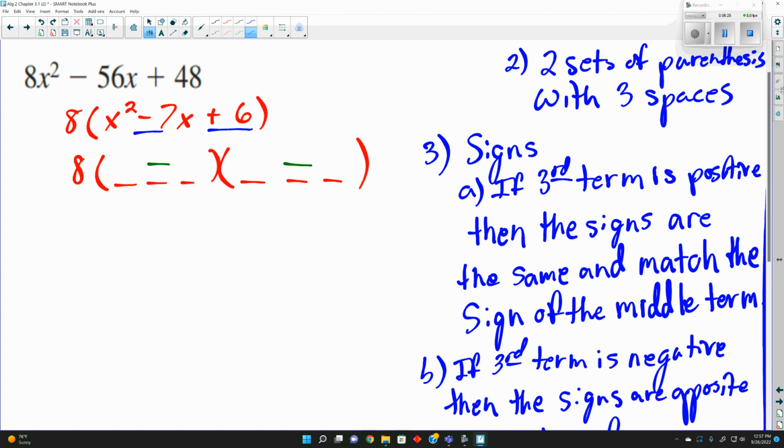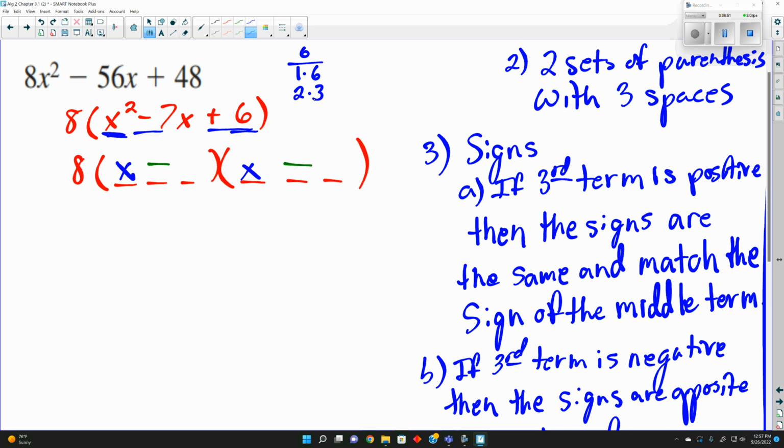So we look back up here. Our first term is x squared. So what two things multiply together to give us x squared? Well, x times x is x squared, yes? So that's the first term. Now we need to find the factors of 6. 1 and 6 and 2 and 3.